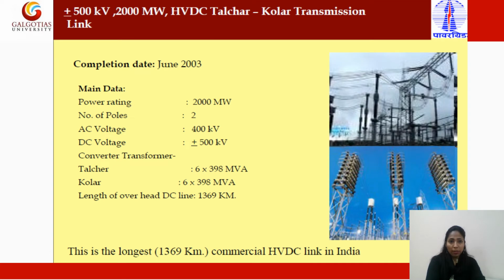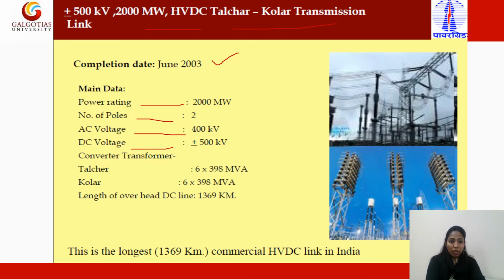the plus minus 500 kV, 2000 megawatt HVDC Talcher Kolar station, and this was completed in June 2003. Then the main data: power rating 2000 megawatt. The number of poles is 2, AC voltage 400 kV and DC voltage plus minus 500 kV.